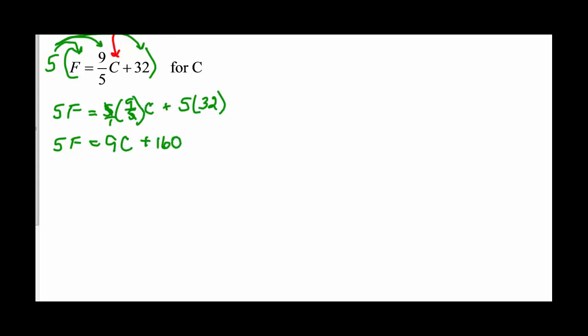Now again, what are we solving for? We're solving for c. So I need to get rid of this 160. It's being added. So to peel that layer off, I'm going to subtract 160. And I can't combine it with my 5f. So I just have to rewrite 5f and then subtract that 160, and that is equal to my 9c.